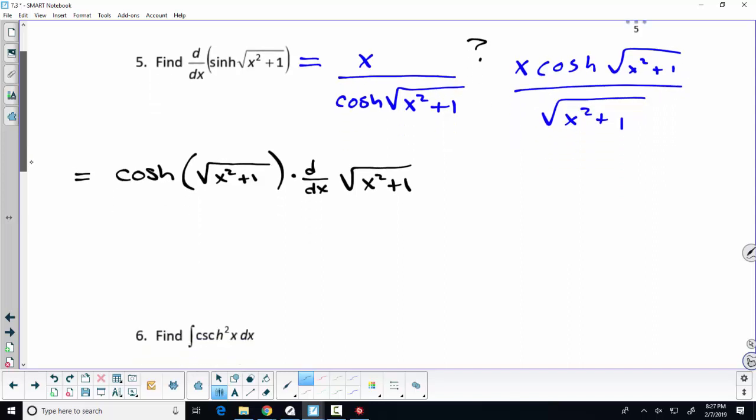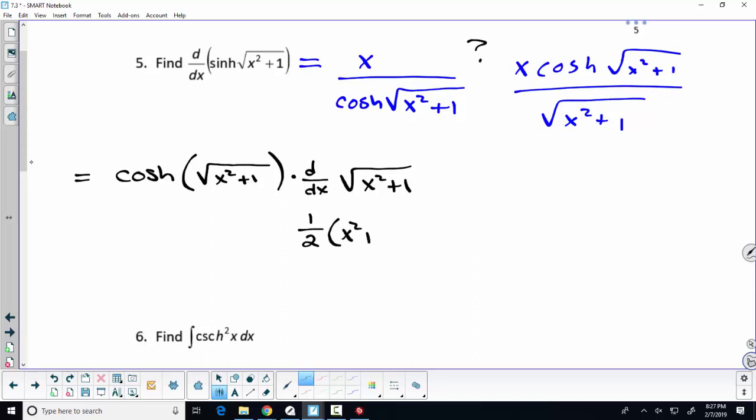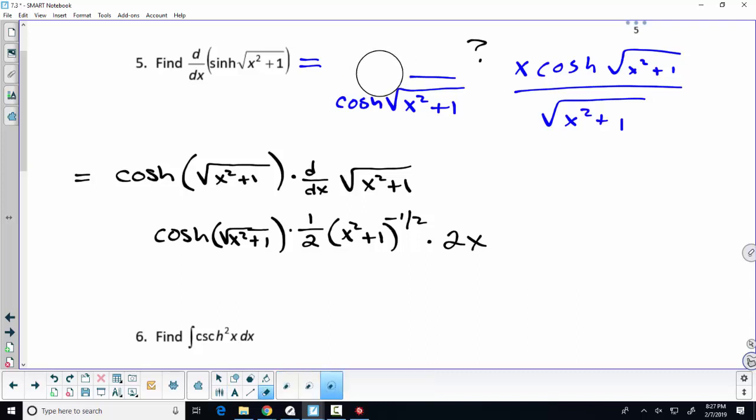The derivative of this right here is 1/2 times x squared plus 1 to the negative 1/2 times the derivative of what's inside. So don't forget the second chain rule. Now we've got a 2 divided by 2. We've got an x up top with the cosh, and then the root of this thing is now on the bottom because of the negative exponent.